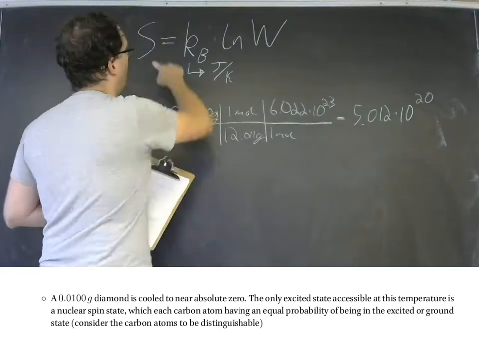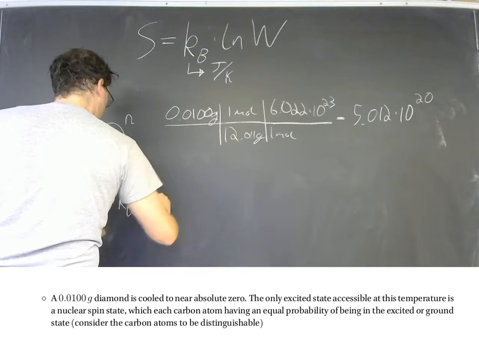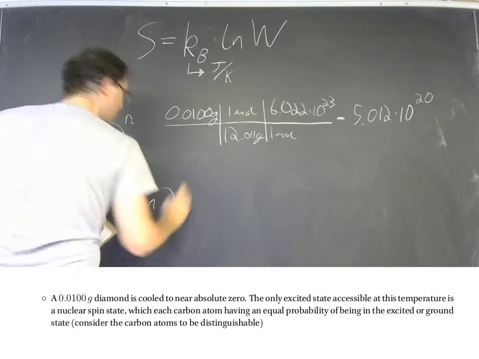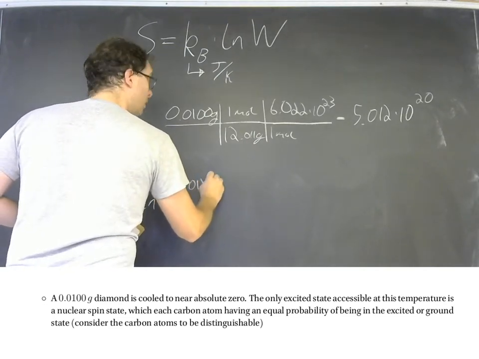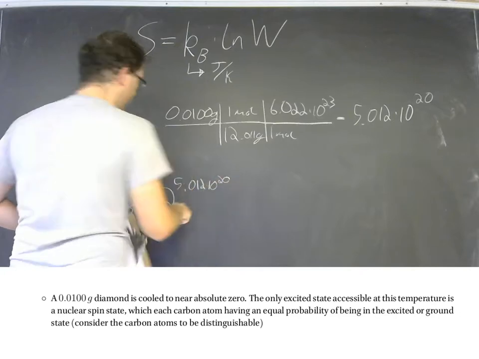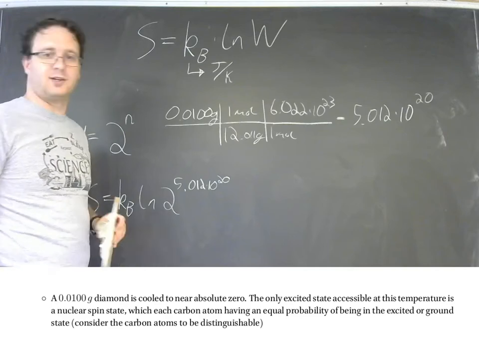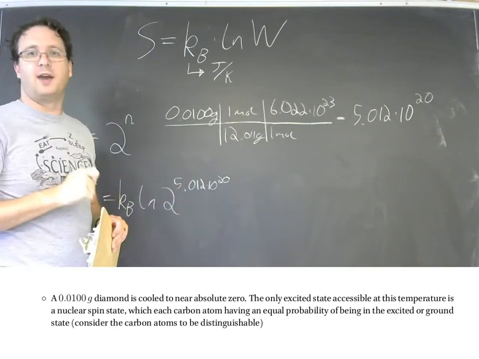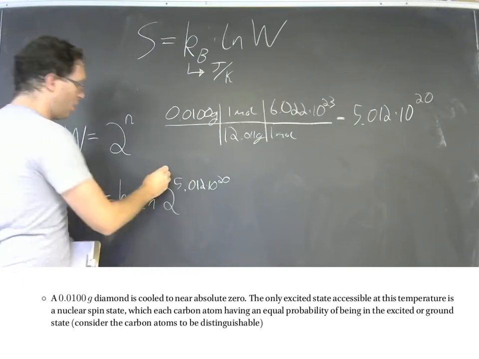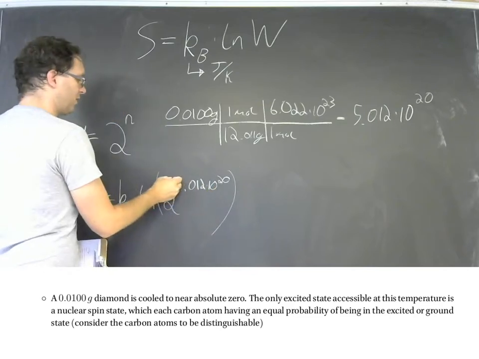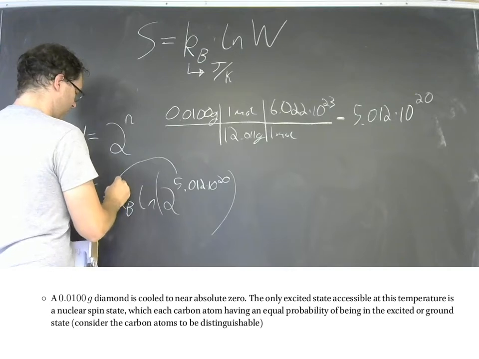Okay, and we'll go ahead and put that in here. S is equal to k_B ln of 2 raised to the power of 5.012 times 10 to the 20th. Now I invite you to put that into your calculator. Whatever calculator you have is going to spontaneously explode if it tries to calculate that number. But thankfully, because this is in a natural log function, we can actually take that exponent and bring it out front as a coefficient.